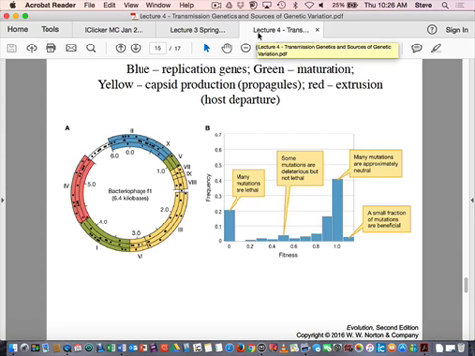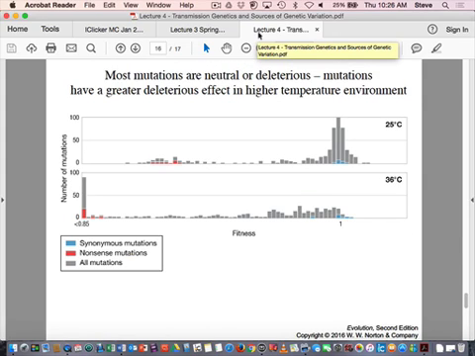So what does it look like in terms of the fraction of mutations that are beneficial? Not so much, right? Okay, so that's the rarest class, at least in DNA viruses in this particular study. And this is a general result from hundreds of studies. Most mutations are fairly neutral or deleterious.